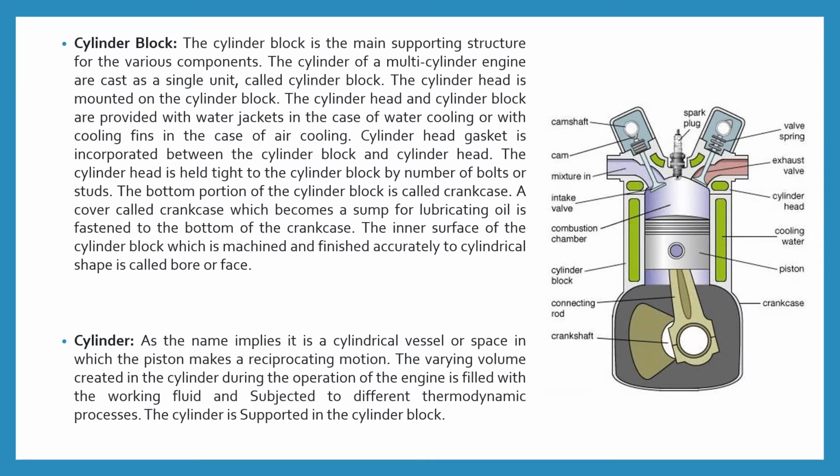The first one is the cylinder block. As I told, the engine can be divided into three parts: one is the cylinder head, then the cylinder block, and after that the crankcase. First we describe the cylinder block. The cylinder block is the main supporting structure for the various components.